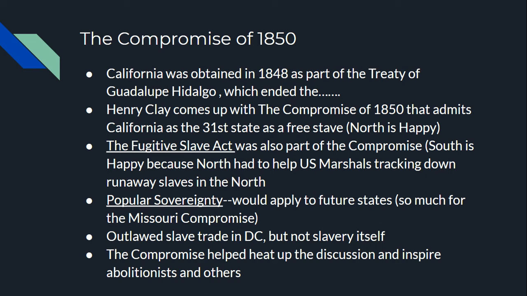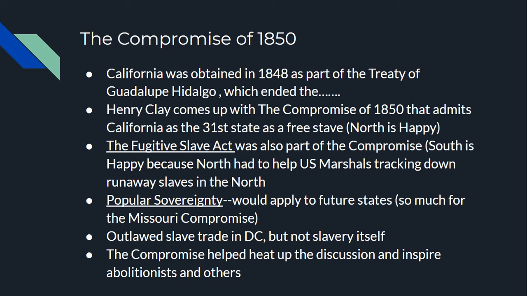If you're around back then, before 1850, and you're going into the nation's capital and a block or so away from the White House or the Capitol building, you see an auction where they're actually auctioning off people, how dreadful must that be? And so getting rid of slave trade in D.C. really made Northerners happy, but it did not outlaw slavery itself.